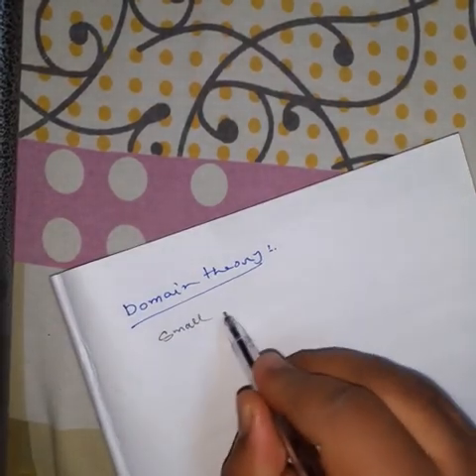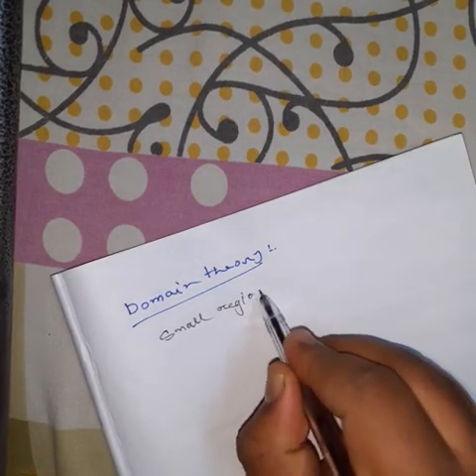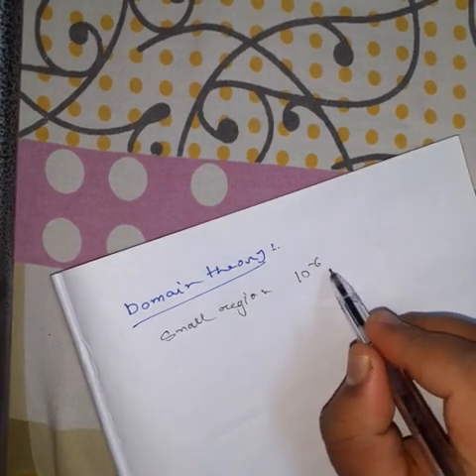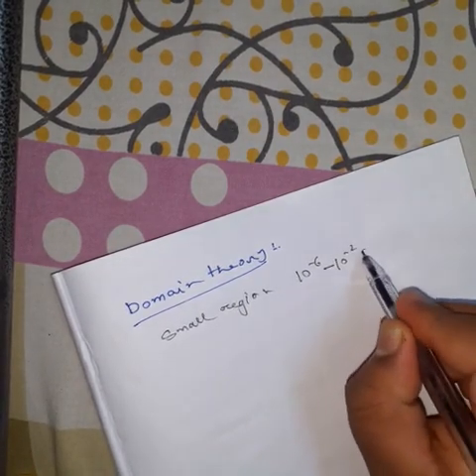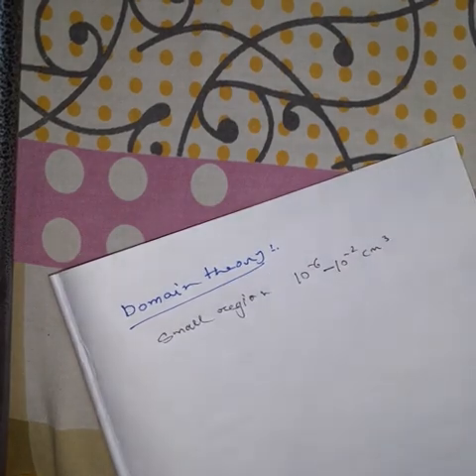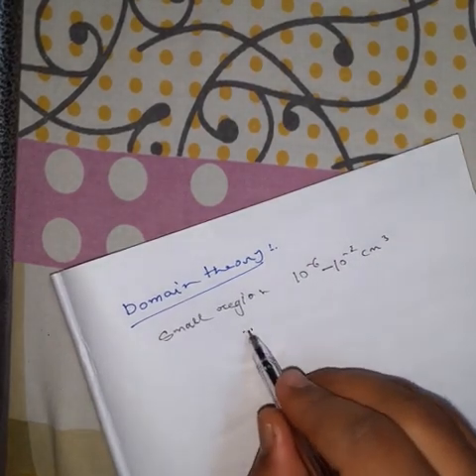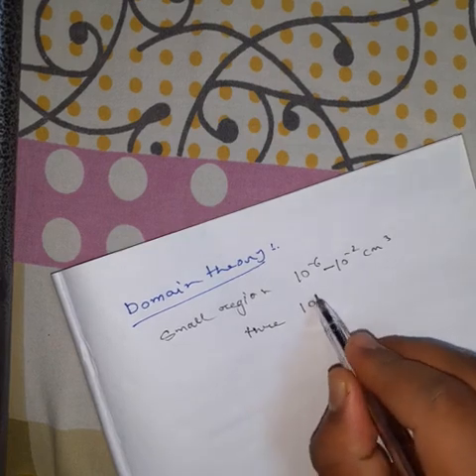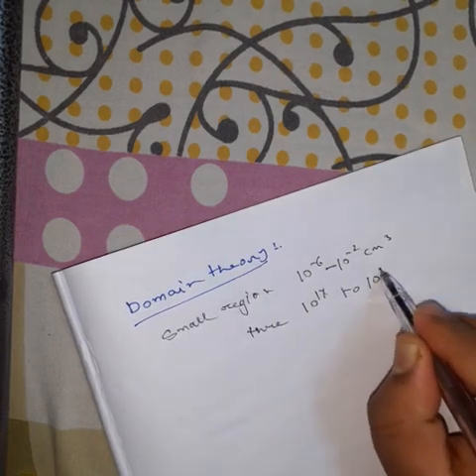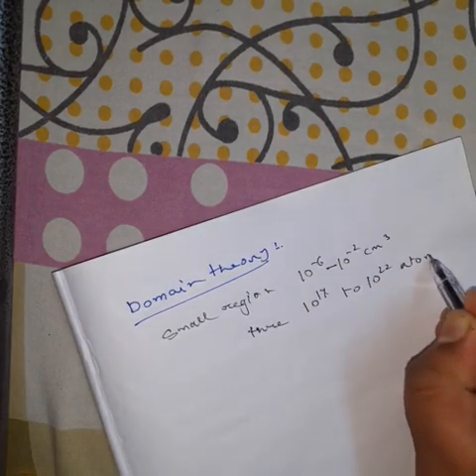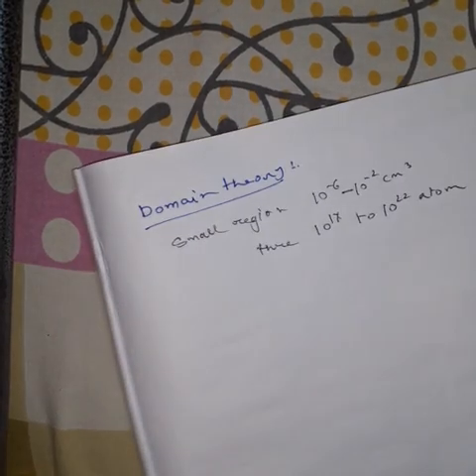The dimension of a region is 10 to the power minus 6 to 10 to the power minus 2 centimeter cube, and there are about 10 to the power 17 to 10 to the power 22 atoms. So you can understand how many domains there are.